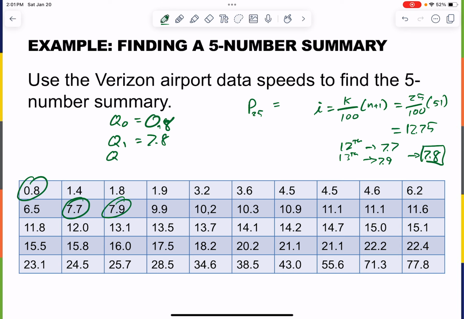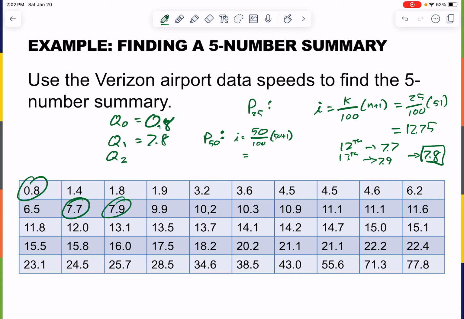Okay, let's go ahead and find the median. That's Q2. So that's going to be the 50th percentile. So for that, we have i equals 50 over 100 times n plus 1, times 50 plus 1.